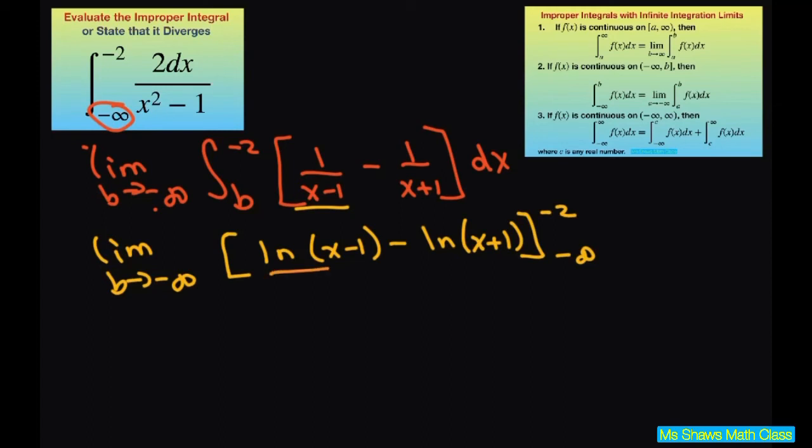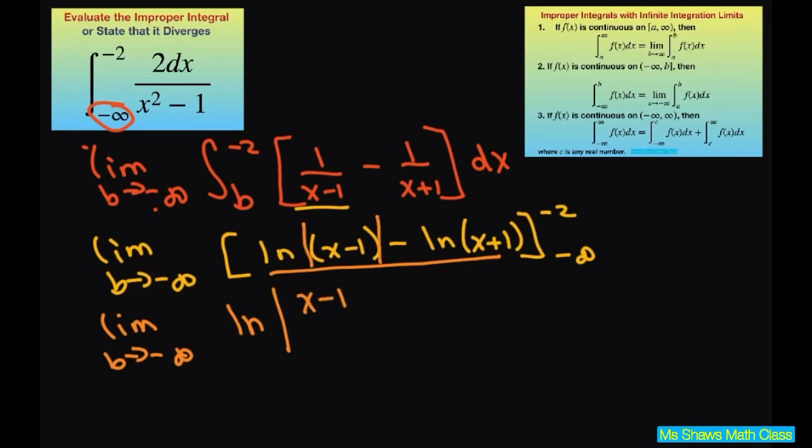Now I'm going to write this as a single log. So now we have the limit as b approaches negative infinity of ln of the absolute value of x minus 1 divided by x plus 1, from negative infinity to negative 2.